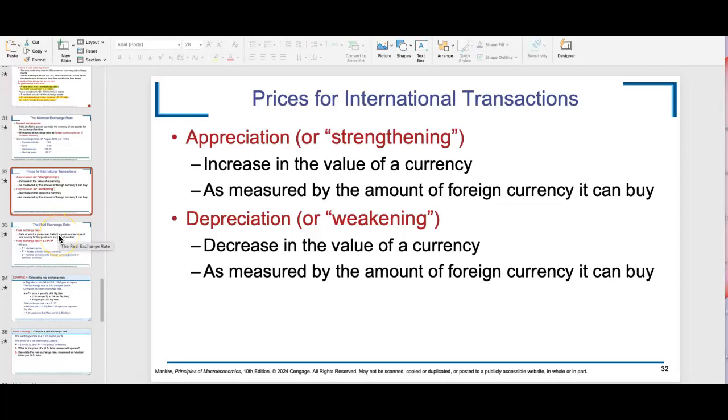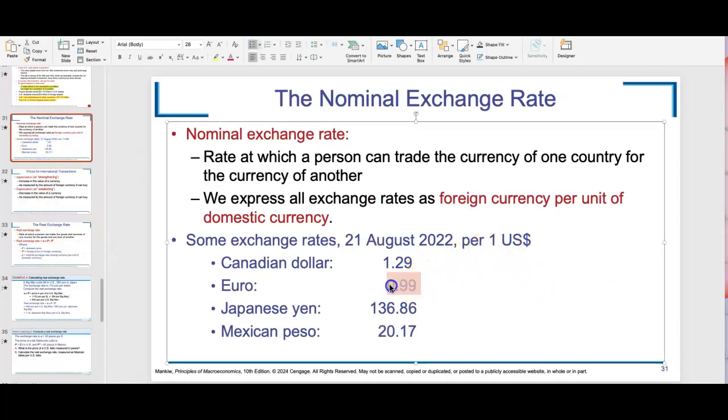If a currency appreciates, it means that it increases in value. So if we say the US dollar appreciates, in this case, for example, the $1 was 99 cents of a euro. If you can get €1 for $1, then the dollar has appreciated.